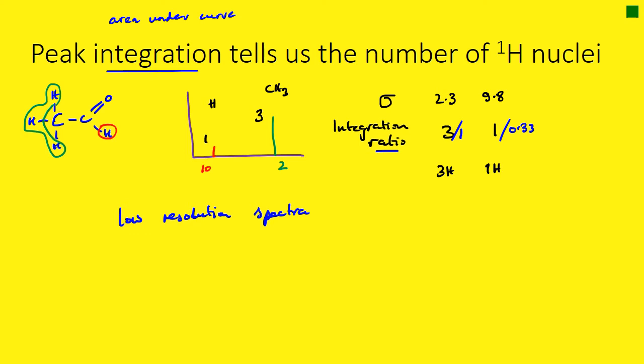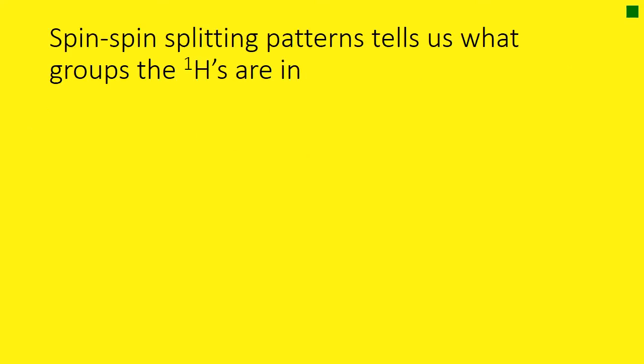We're going to have a look at high resolution spectra now, but basically our single peaks that we've drawn here are more detailed, and that detail gives us some information about neighbouring hydrogens. And when we use high resolution machines, we get what's called spin-spin splitting patterns, and they tell us what groups the hydrogens are in and what their neighbours are like.